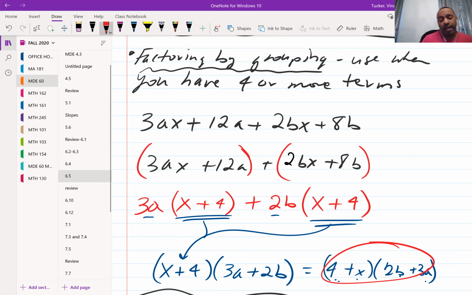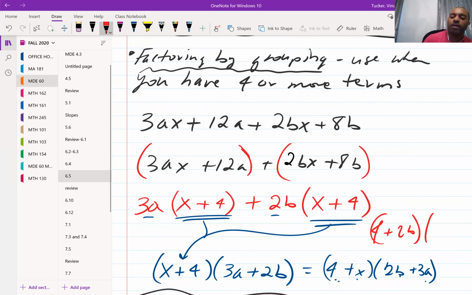Now, somebody asked me a question about the organization of your terms. As long as x plus 4 is inside one set of parentheses, and 3a and 2b are in the other parentheses, then it's still going to be the same thing. But what you couldn't do is have 4 plus 2b and x plus 3a. That would be something totally different.